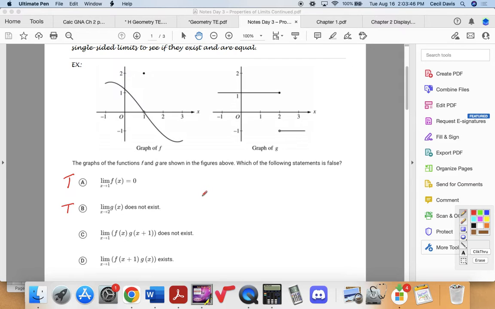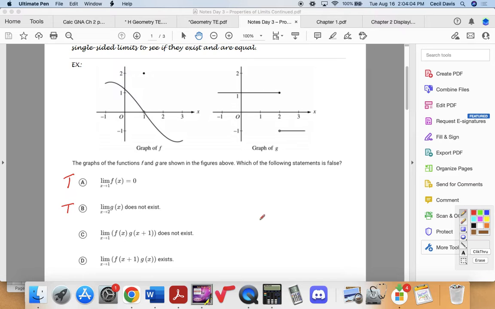Perfect. I knew you could do it. All right, start thinking in those terms, don't think in mushy terms. Be specific. The limit as x approaches 2 from the left of g of x is not equal to the limit as x approaches 2 from the right of g of x.